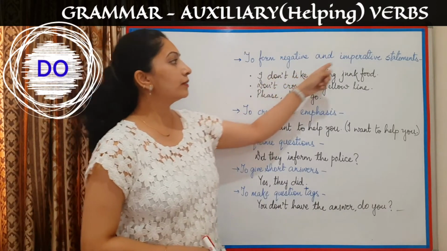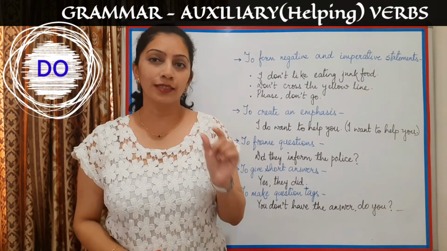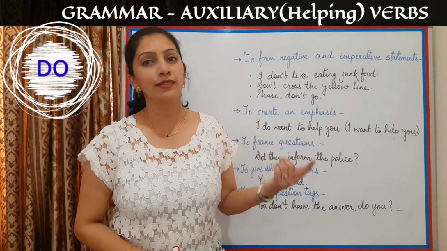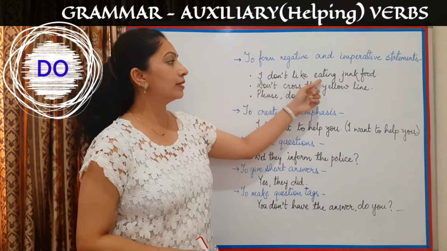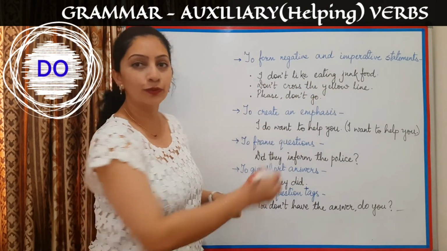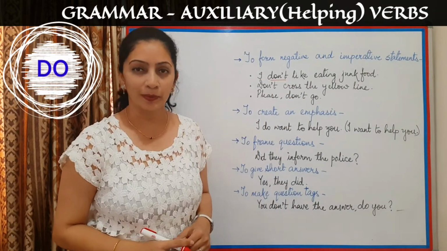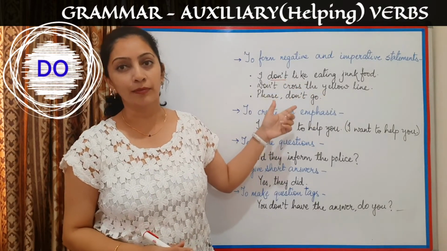To form negative and imperative statements, if you want to form a negative statement using do, then the negative form is don't or doesn't or didn't. Like here, I don't like eating junk food. So here the don't becomes the auxiliary verb. Don't cross the yellow line. Now this is an imperative statement.